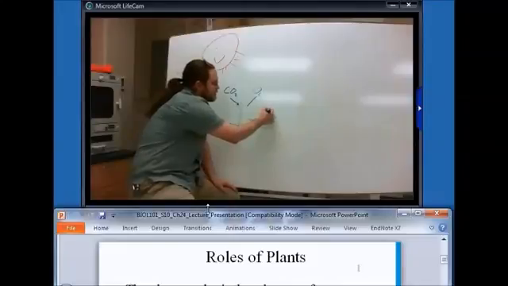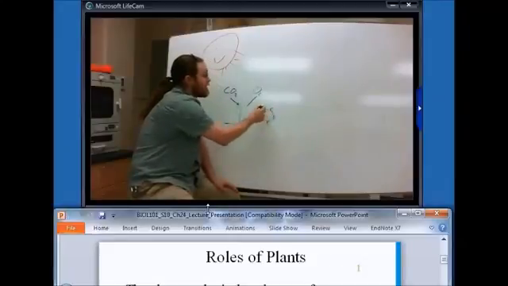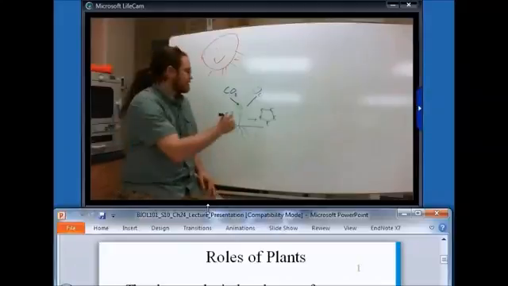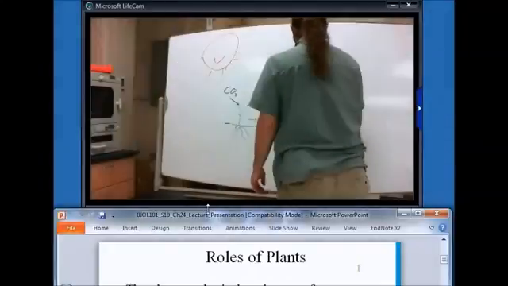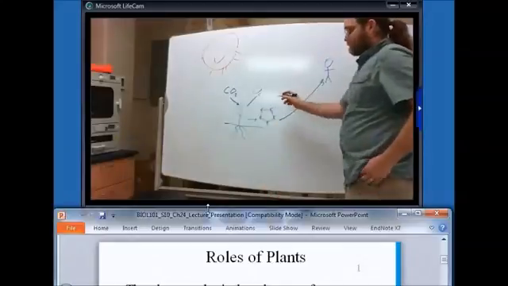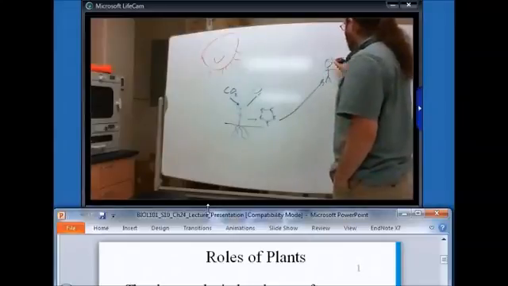The sugars or carbohydrates have energy stored in their bonds. And that's why we can then have you, as a person, eat that plant, release those bonds to get energy.